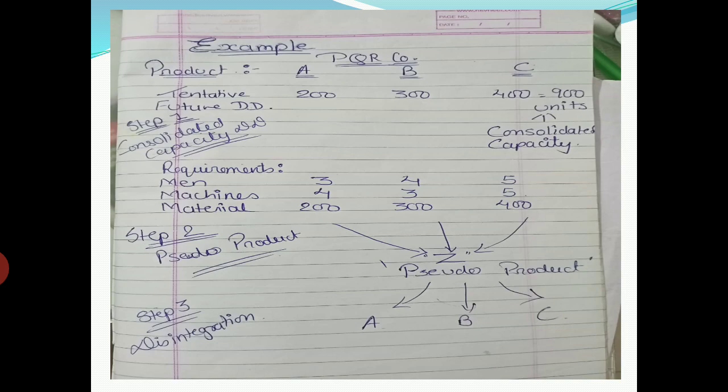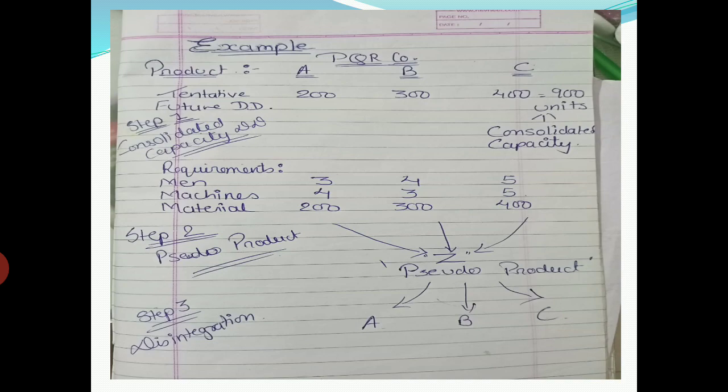That means whatever the existing capacity is, we try to disintegrate, we try to allocate it to produce A, B and C. That means from top, demand consolidation to pseudo product to disintegration, we are trying to balance whatever the existing capacity is and whatever changes are required, so that at the end we will be able to meet the demand of 900 units.